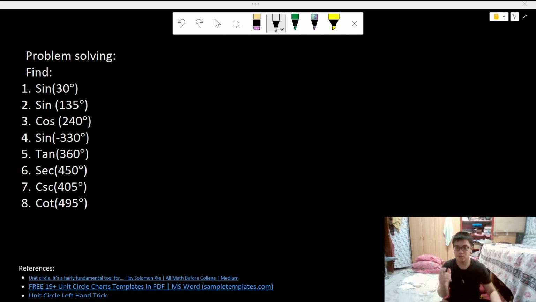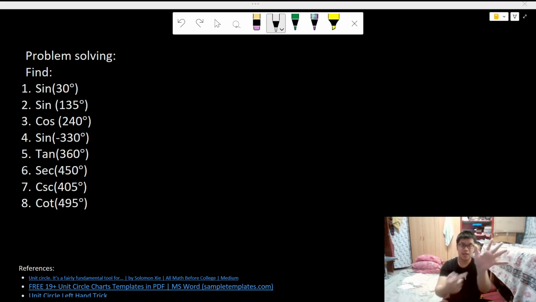If you're going to find sine of something, you have to count 0 up to 4: 0, 1, 2, 3, 4. You're going to stop at the degree you're looking for. This is 30 degrees, so I'll stop here: 0, 1. So if I have 1, what will I do? I will square root it. The square root of 1 is 1.